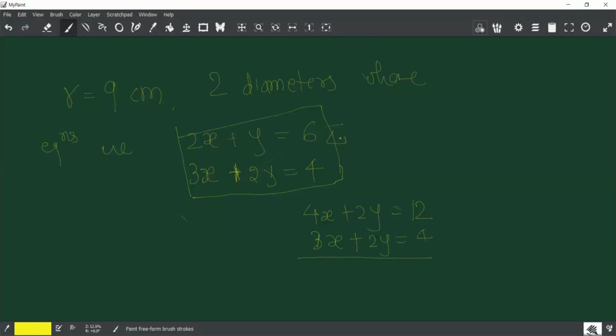Perfect. That's what I'm doing. I multiplied the first equation by 2: 4x plus 2y is equal to 12. And then I wrote the second equation below this. You just change the sign and you will get the value of x. That is the x coordinate of the center. Then 2 into x plus y is equal to 6, so y gives you minus 10. So your center is (8, -10).